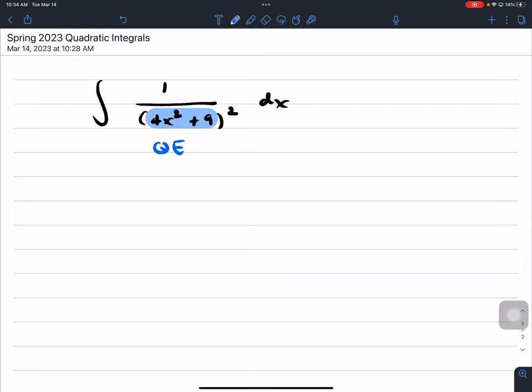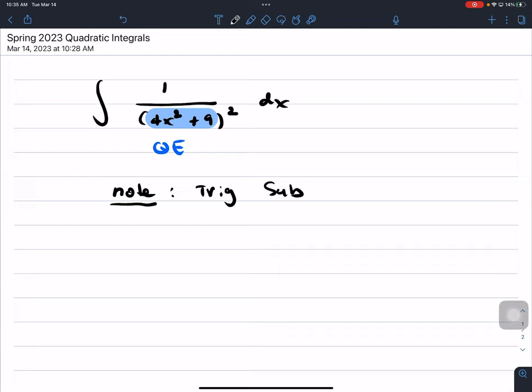However, you may want to note that this is in trig sub. So what they want you to do is use the techniques in trig sub. Does that make some sense? Now, that's a quadratic.